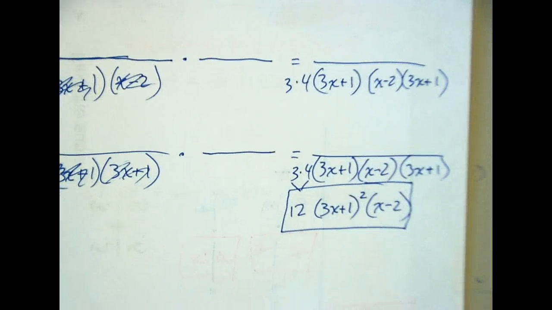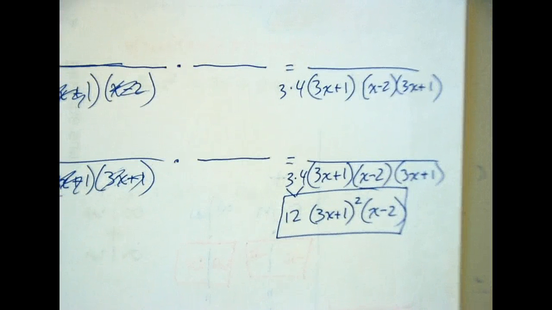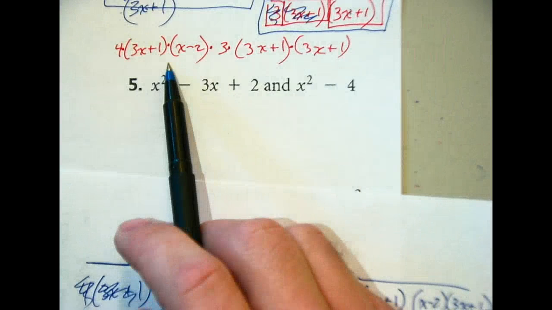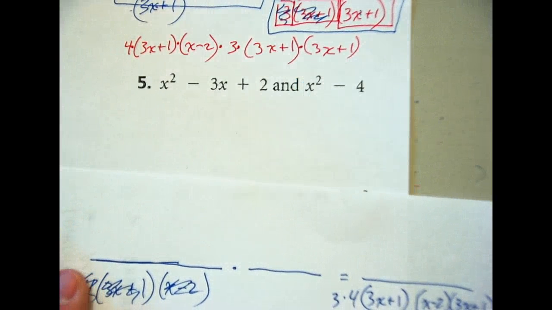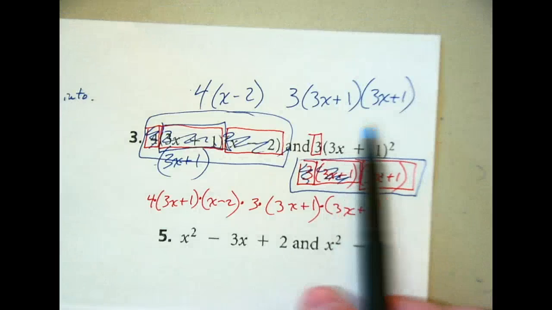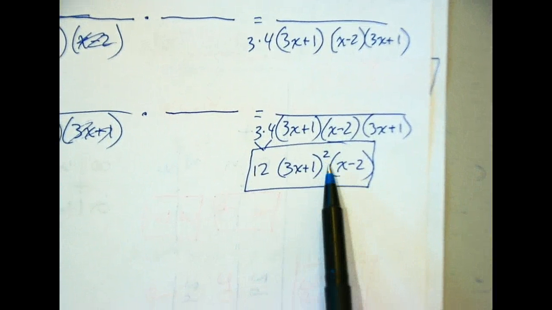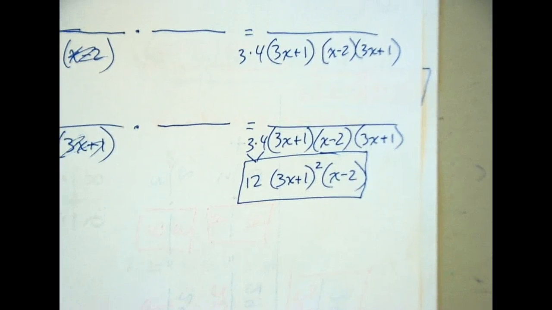Yes? But isn't that not equal to the other? Because when you showed the other way, it only had 3x plus 1. Right down here? Yeah. Maybe I just missed something. Yeah, it's equal. That is your common denominator. Nick? Wait, why wouldn't that be just 3x plus 1?